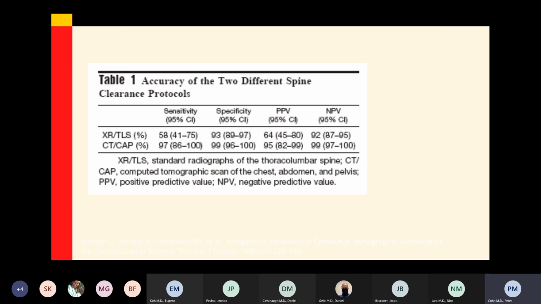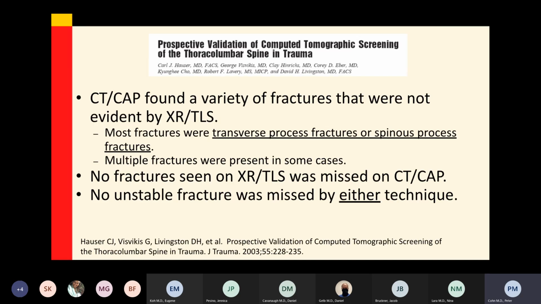And sort of predictably, what they found was that the CT was much more sensitive in picking up thoracolumbar spine fractures, and also much more specific. Interestingly, though, the fractures that the CT was picking up that X-ray were not were almost all transverse process fractures or spinous process fractures.